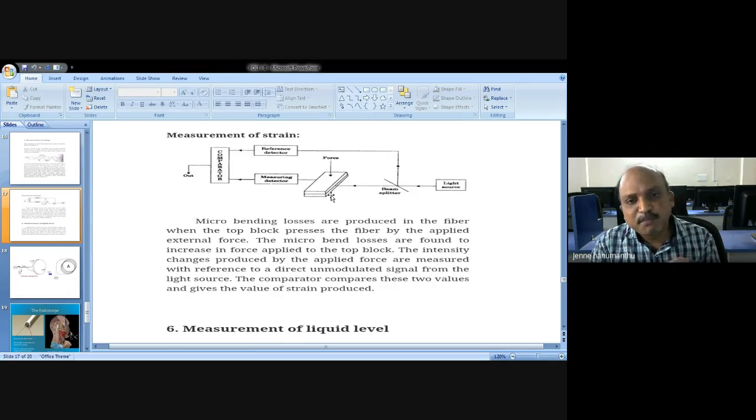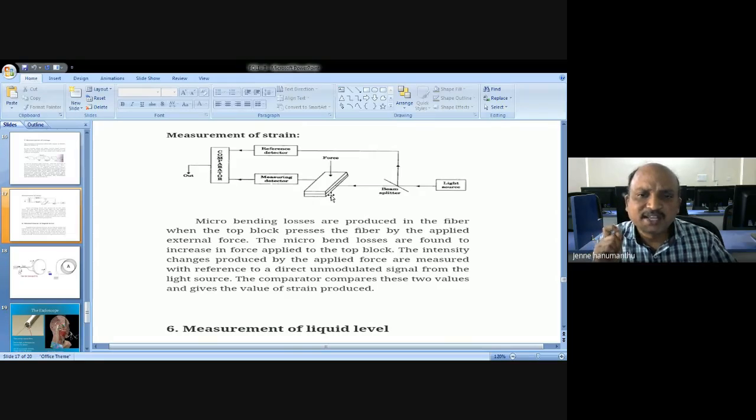Likewise, if you apply any strain, I may expect an electrical voltage. Or if you apply any small pressure, I may expect an electrical voltage as output. So the basic property of the piezoelectric crystal is, if I deform the crystal, I may expect an electrical signal as output. This is the specialty of the transducer, the piezoelectric crystal, right?